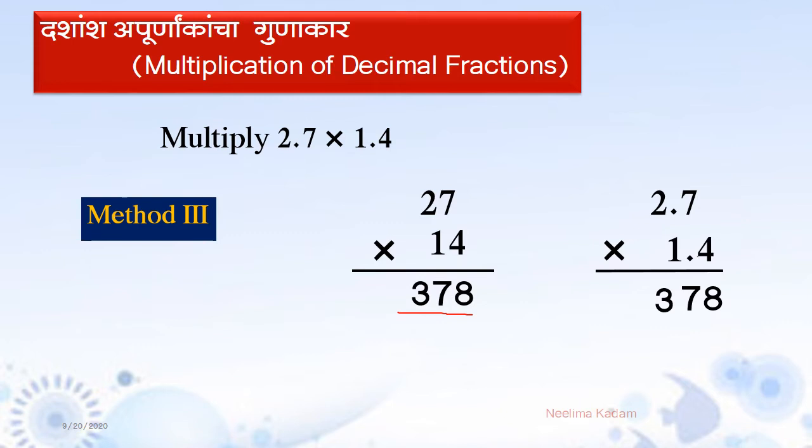So 1, 2, count like this. After one number there is a decimal point, and here also after one number there is a decimal point. So total 2. So 1, 2. So the decimal point will be 3.78.